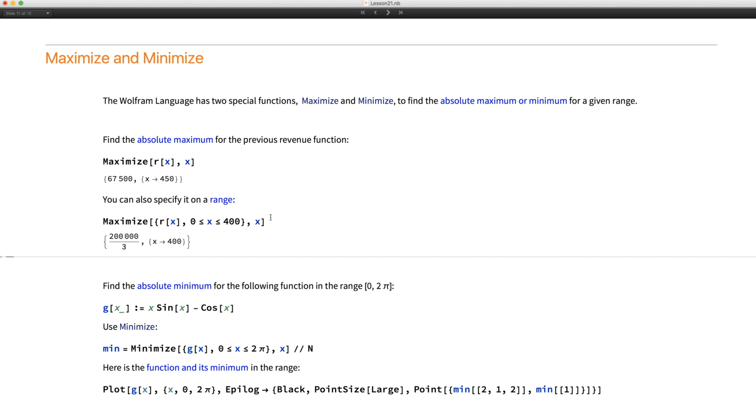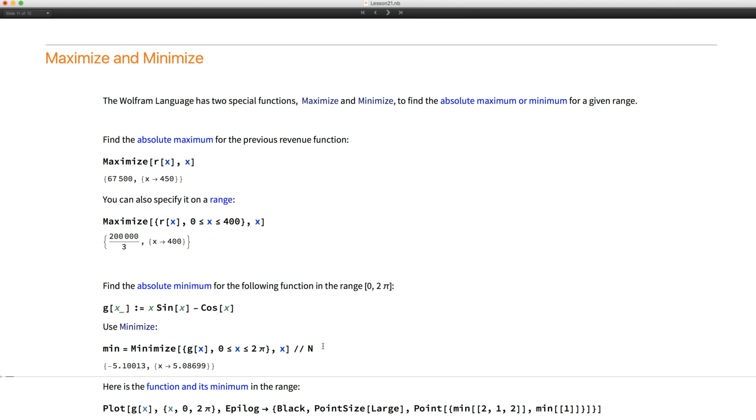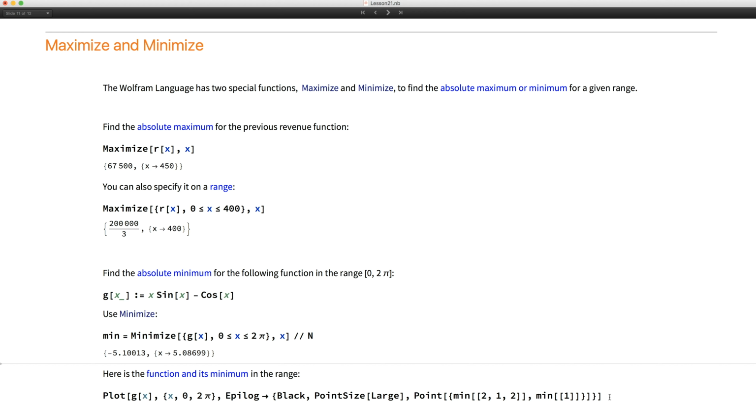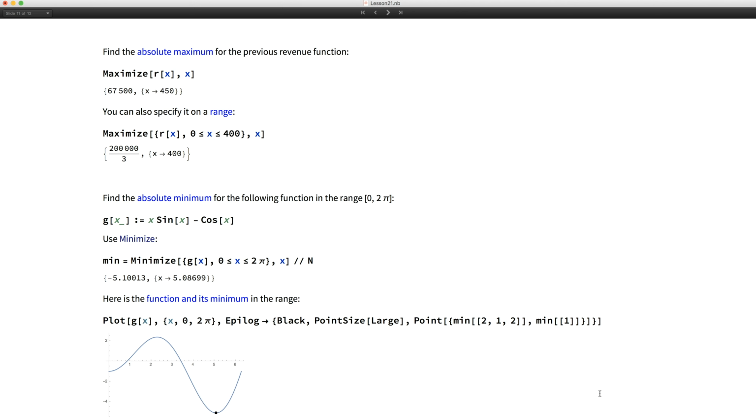So that's Maximize. And similarly, you could find an absolute minimum by using the Minimize function. So here's the function, and you want to minimize it between 0 and 2 pi. So you use Minimize and you get back an answer. And here is a plot showing that that answer is actually correct. So that dot over here is the point at which you have a minimum.